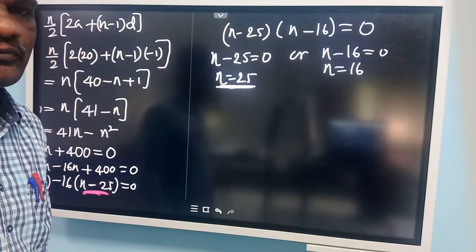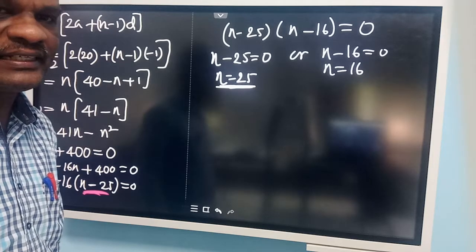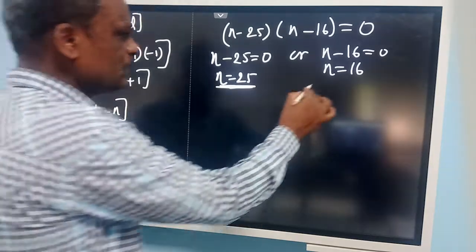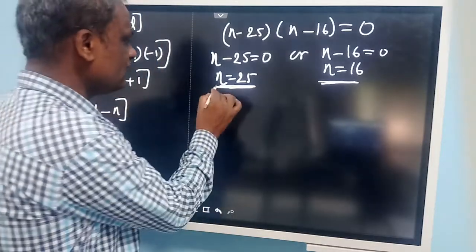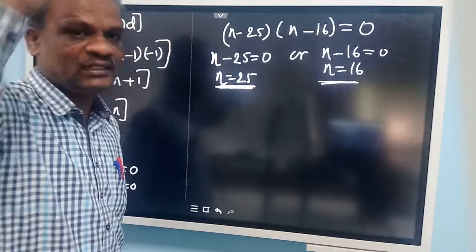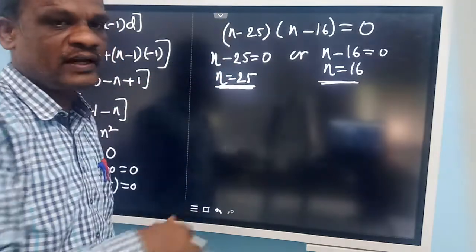Sir, a n will be negative, sir. That is what you have to find out, a n here. Just by looking at the n value, you cannot decide. This is not the number of wooden blocks in the top row. This is the total number of rows that you are arranging.